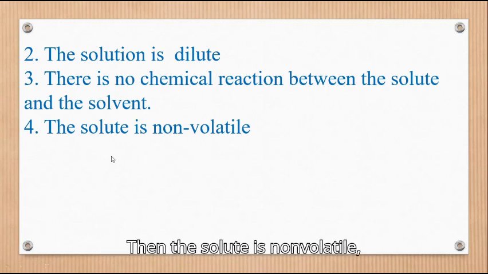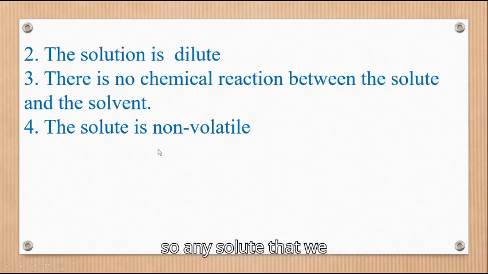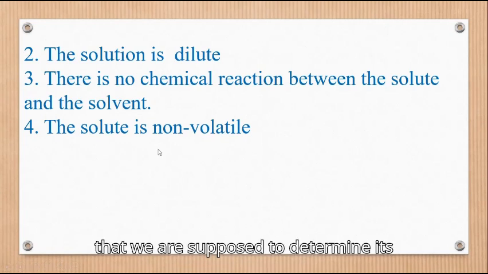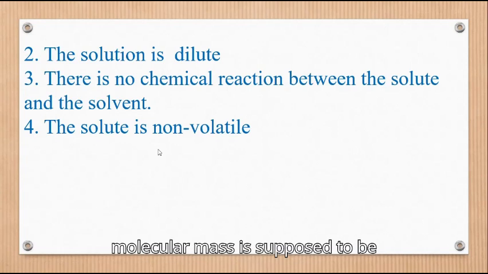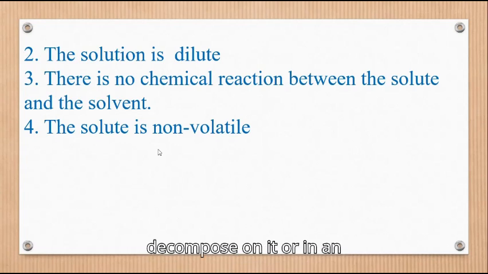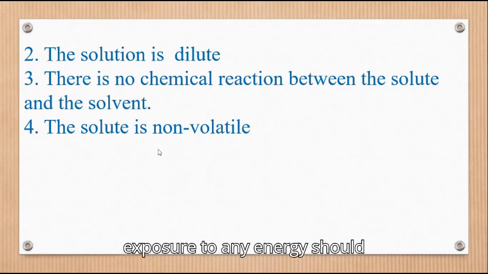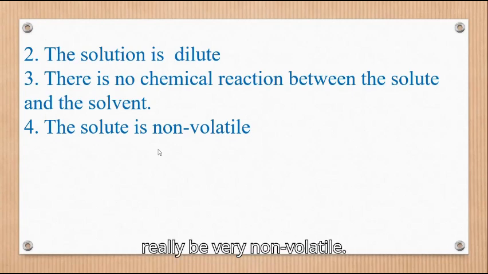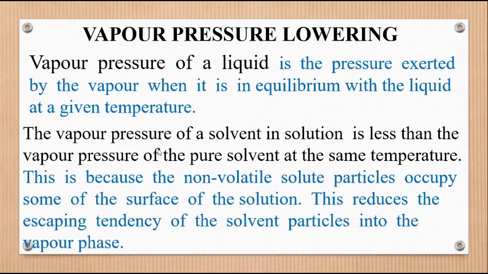Then the solute is non-volatile, so any solute whose molecular mass we are supposed to determine is supposed to be non-volatile, so it should not easily decompose on exposure to any energy. It should really be very non-volatile.